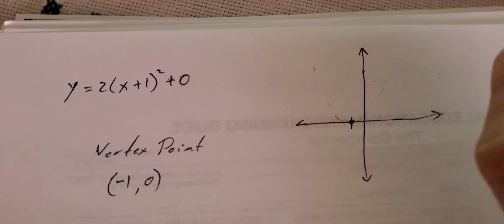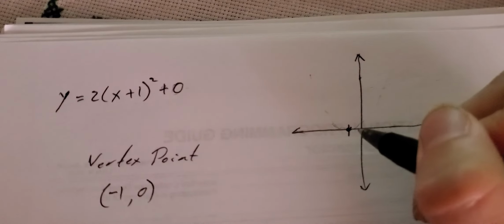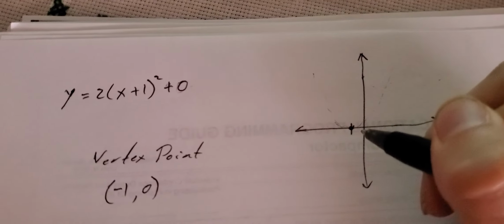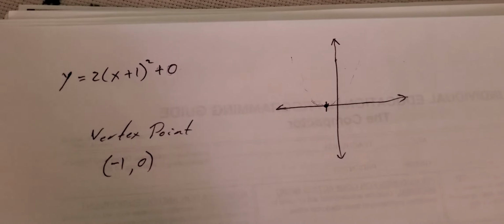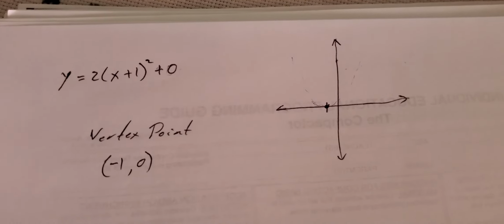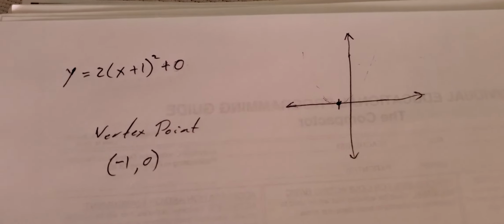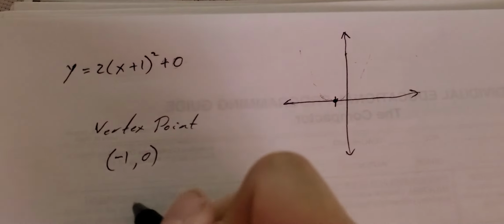Let's find that intercept. To find the y value, pretty much my y-intercept, it's located where x equals 0. So if I let my x value be 0, pretty much that'll give me my y-intercept. Again, let's do this.